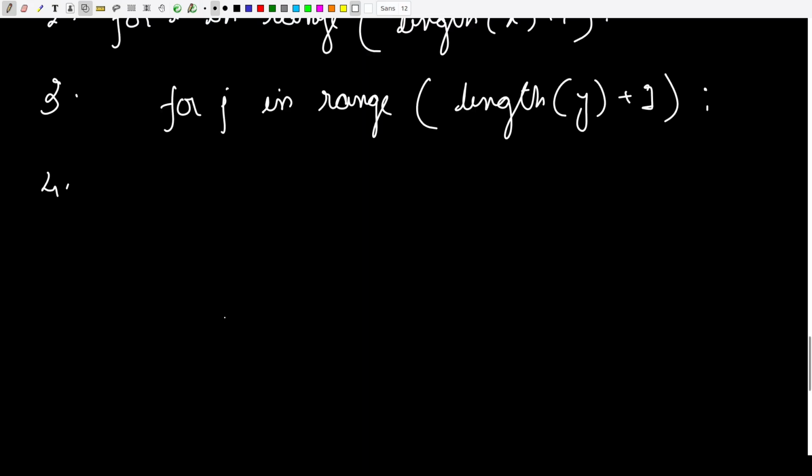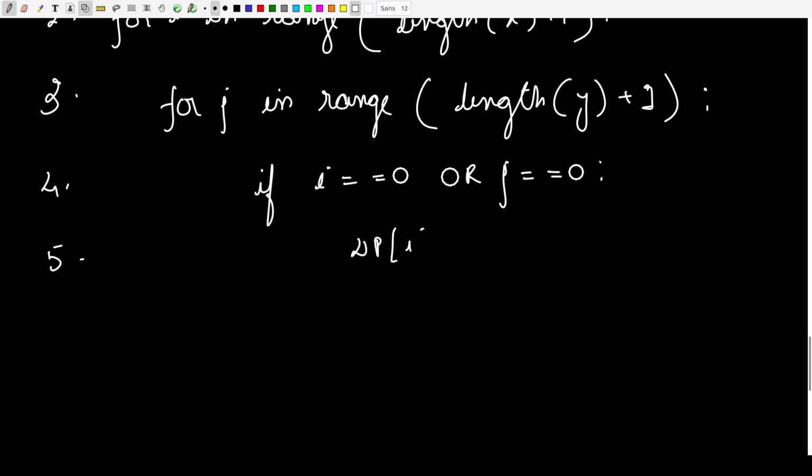Now let us write down the pseudocode for the cases we have discussed. For the case where i is equal to 0 or j is equal to 0, this is essentially a case where we are trying to compute the LCS between an empty string and the other string. As we have discussed, the length will be 0, so in such cases the DP table i comma j will be equal to 0.